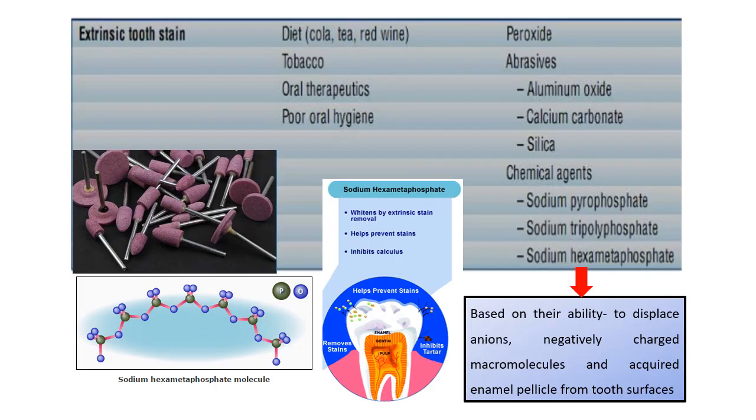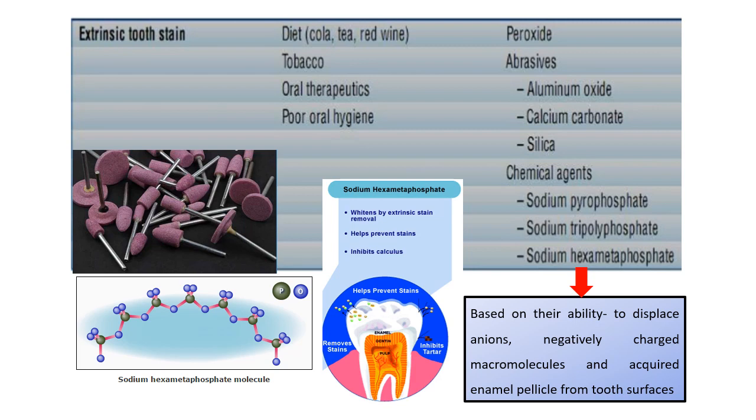Extrinsic tooth stain can be caused, like earlier mentioned, by diet, tobacco, oral therapeutics, or poor oral hygiene. It can be removed by various methods, by use of peroxides, abrasives, that is aluminum oxide, calcium carbonate, silica, then chemical agents which include sodium pyrophosphate, sodium tripolyphosphate, sodium hexametaphosphate, based on their ability to displace anions, negatively charged macromolecules, and acquired enamel pellicle from the tooth surface.